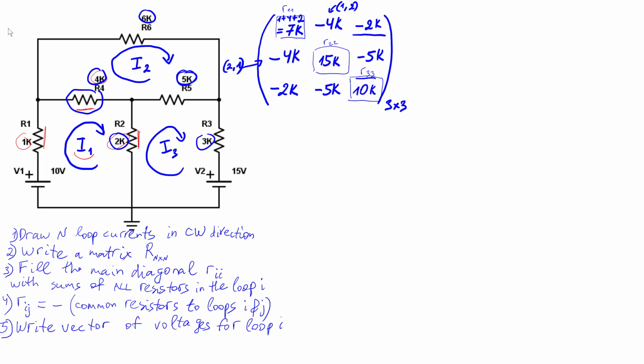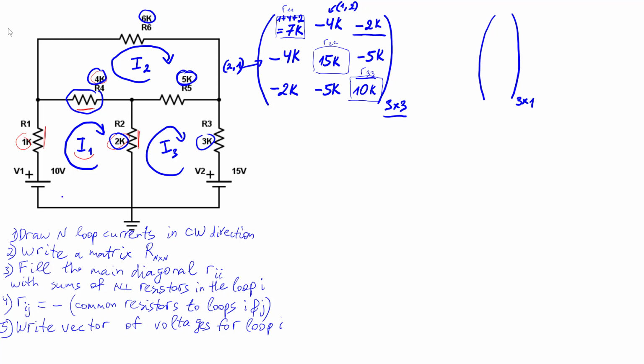So here we will write that vector. The size of that vector will be exactly the size of the matrix, which is 3, but the second dimension will be 1, because this is a vector. So it's a 3 by 1 column vector. In that vector, we will write voltages in loop 1, loop number 2, and loop number 3. So we will have 3 different elements.